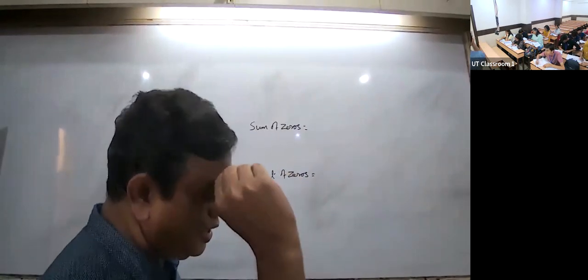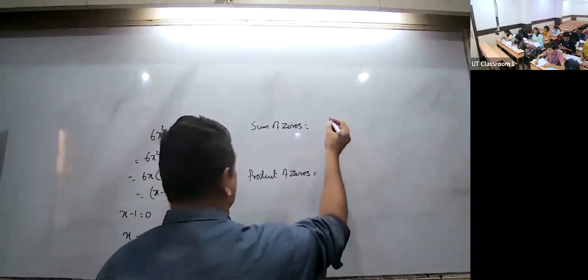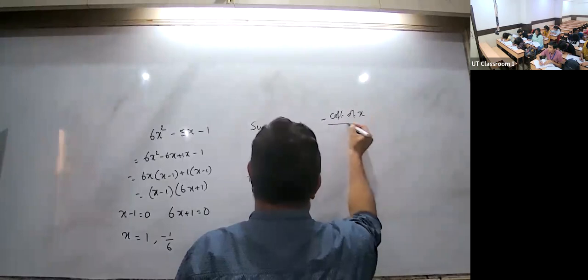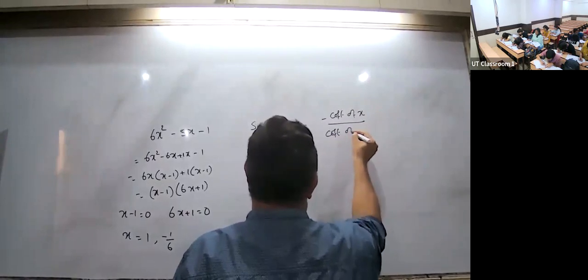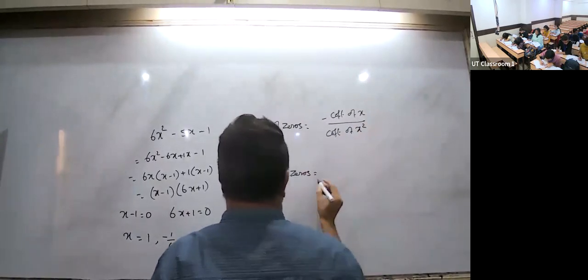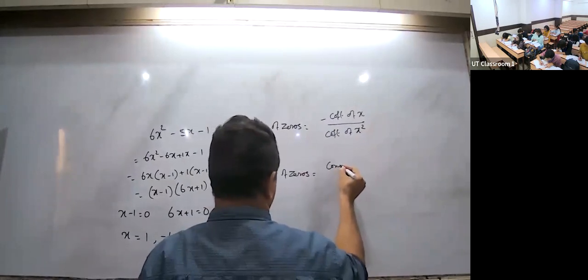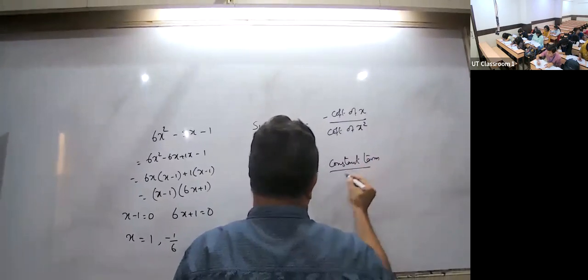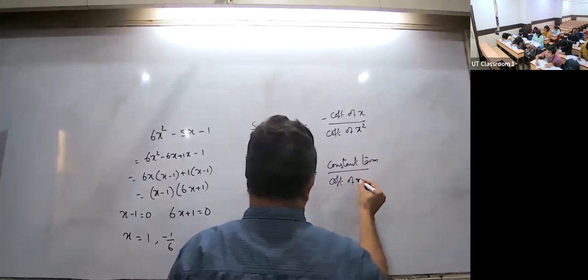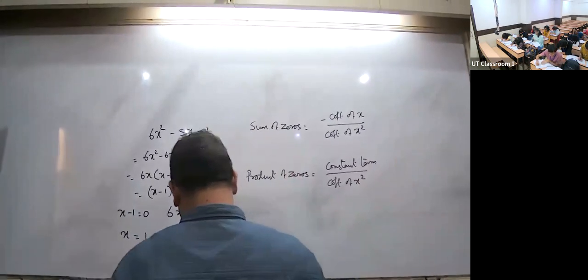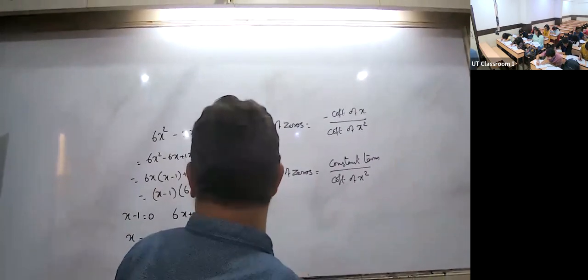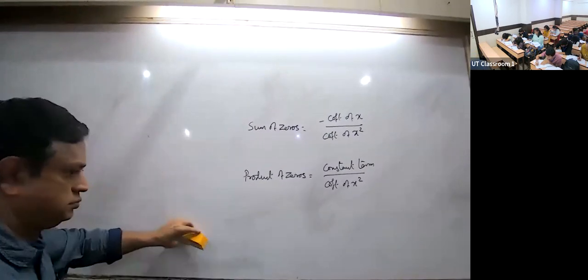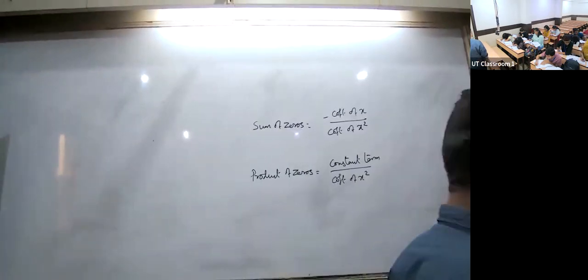Right. So we directly write it for the quadratic. Sum of zeros is equal to minus coefficient of x upon coefficient of x square. Product of zeros is equal to constant term upon coefficient of x square.